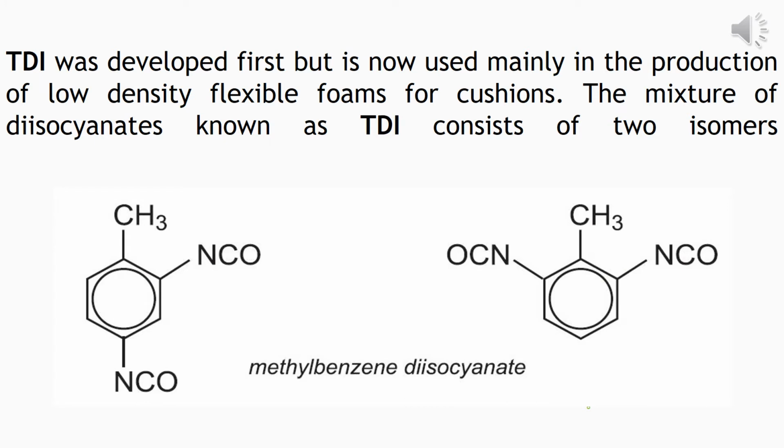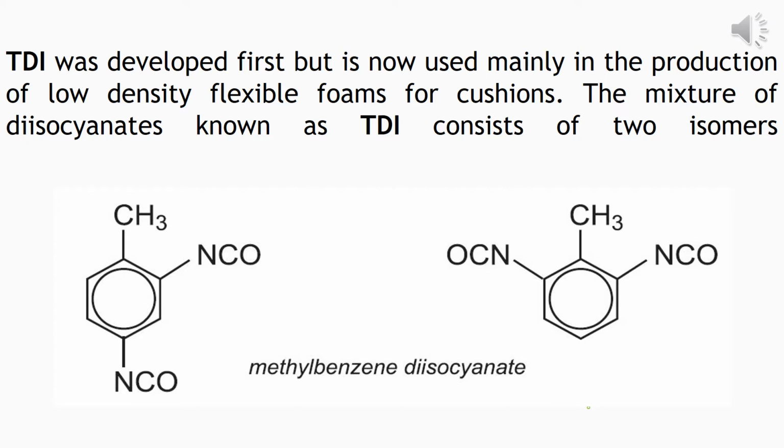Now here you can see TDI. Two isomers are shown here. TDI was developed first, but is now used mainly in the production of low density flexible foams for cushions. The mixture of diisocyanates known as TDI consists of two isomers.